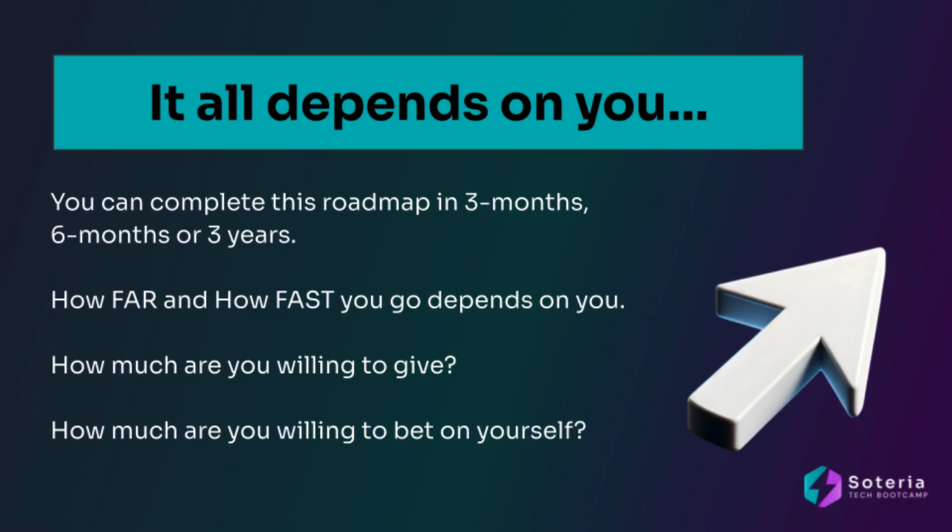It depends on how you're willing to commit to it. So you have to really ask yourself, what am I trying to accomplish here? What's my goal? Some of you here are students. This is the perfect time for you to start learning so that when you are ready to graduate, or even now as a student, you can actually start doing things. So really, are you ready to bet on yourself?